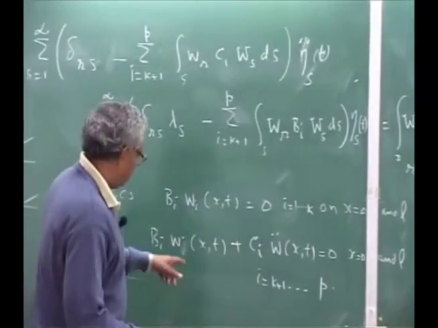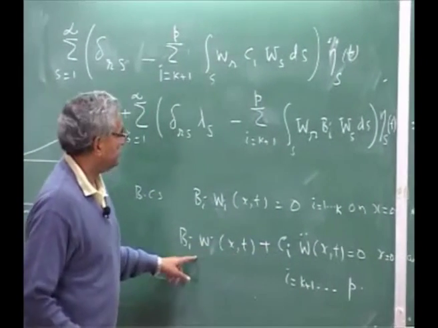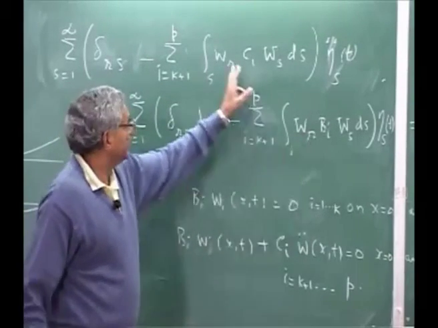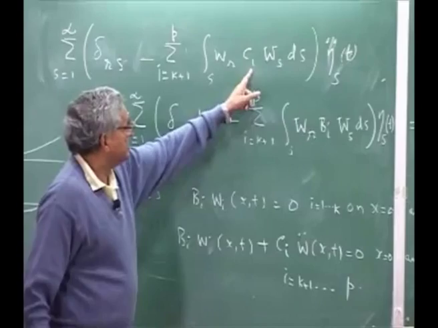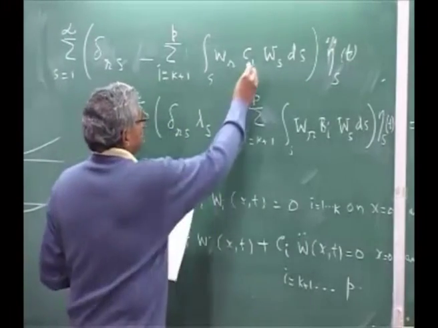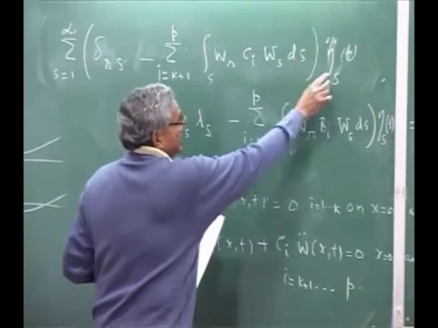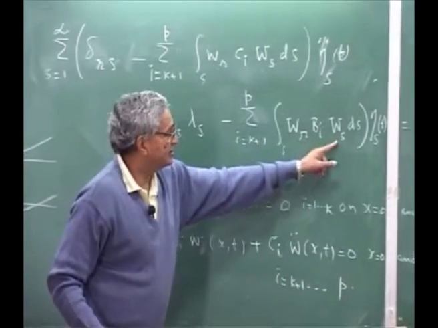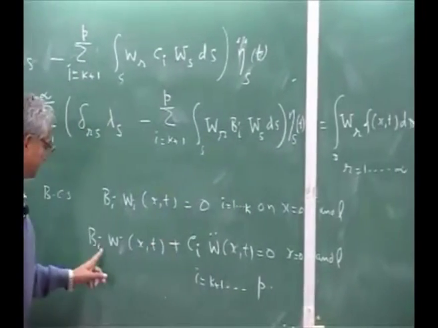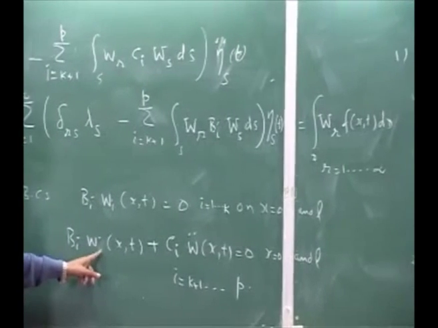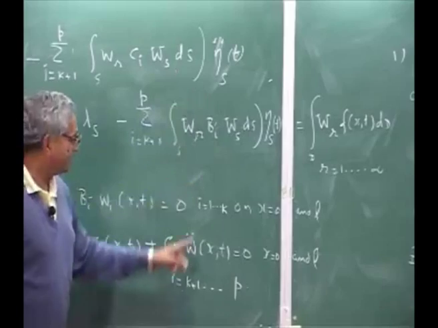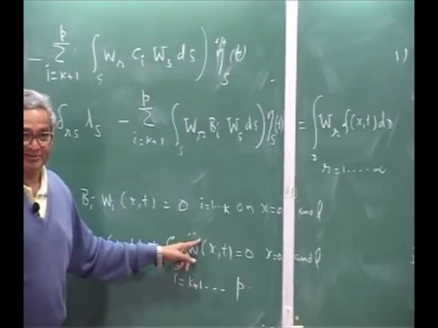Now you see, you look at this, WR is common here. CI WS eta S double dot. BI WS eta S. That is BI WS eta T is CI WS eta double dot, because this is the second derivative.